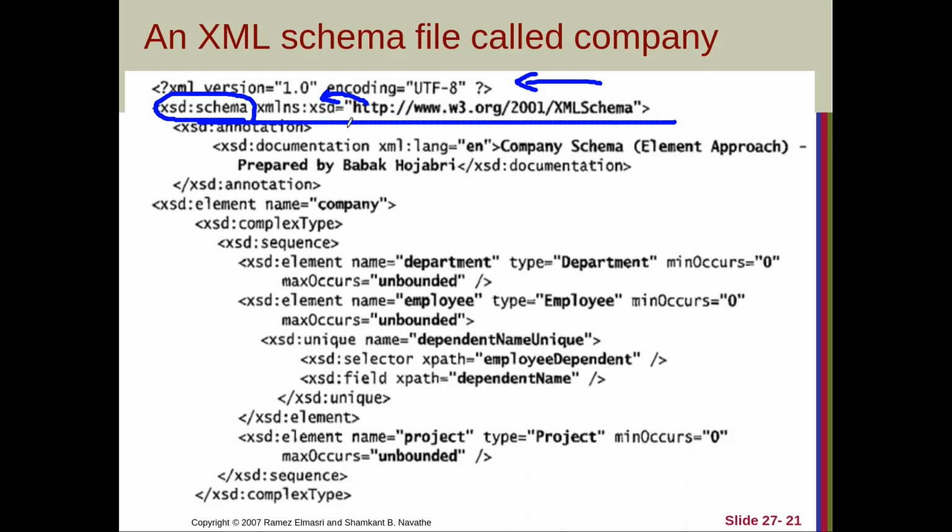That is why all the following tags will be written with xsd colon and the name of the element. So xsd colon, here it is schema. From here itself we start the utilization of xsd colon schema, then xmlns for assigning the URL to a given variable.